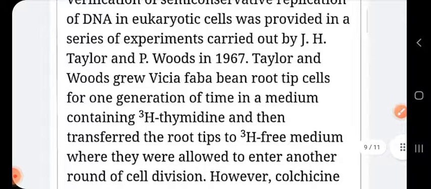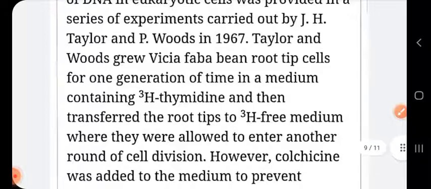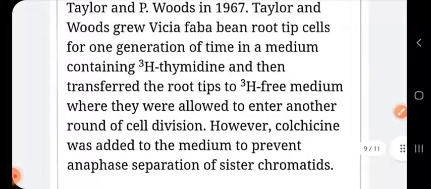Just like the N15 isotope, here the Vicia faba root tip cells were grown for one generation in tritiated thymidine. Then these root tips were transferred to an H3-free medium, where they were allowed to re-enter another round of cell division.